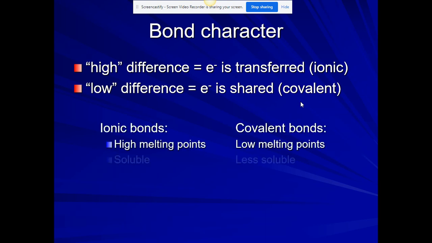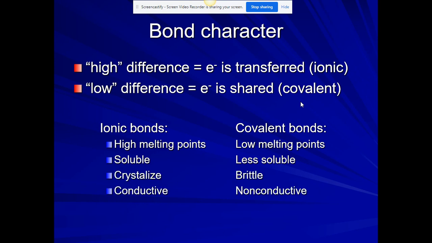From there, what we know, and we've actually seen this before, is that if we know things are ionic or covalent, then we can predict their properties. Ionic, a really good example would be sodium chloride: a salt that is very hard to melt, very soluble, forms crystals, and is very conductive. If it's a covalent bond, it has very low melting points.